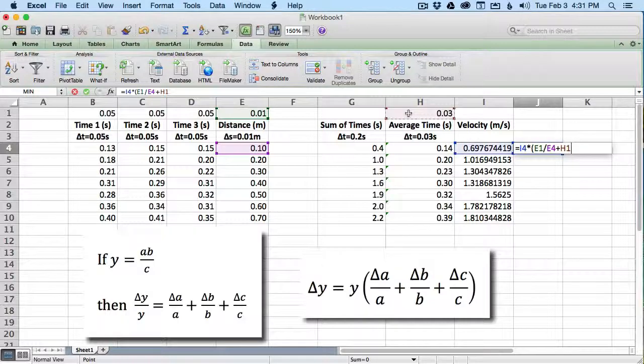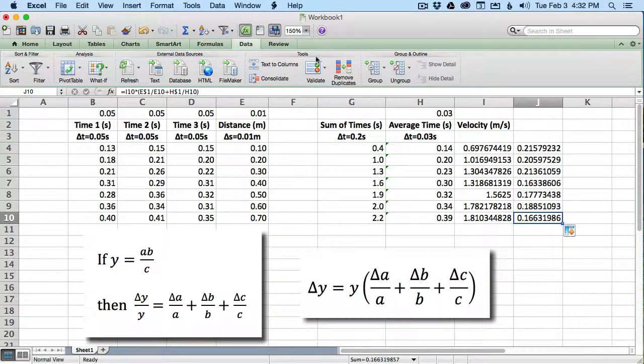In this case, we're going to use that average time uncertainty we already found, divided by the time. Now, as you can imagine, when I drag this down, we're going to have some issues. I want to freeze the E1 and the H1 cell. So I'm going to put some dollar signs here to keep the ones in place. Therefore, when we drag this down, you see that even in this last cell, we're still referencing that E1 and H1 cell.